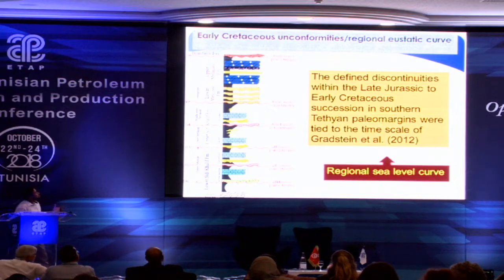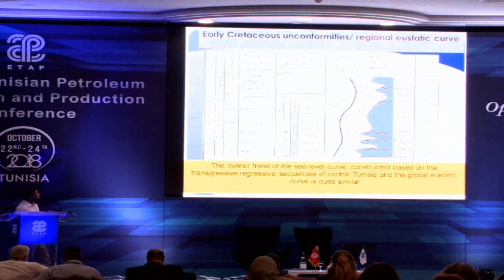So the next step of our work is to define the discontinuities within the Late Jurassic to Early Cretaceous age. These unconformities were correlated by ammonite fauna and tied to the time scale of Gradstein. A regional sea level curve was proposed.